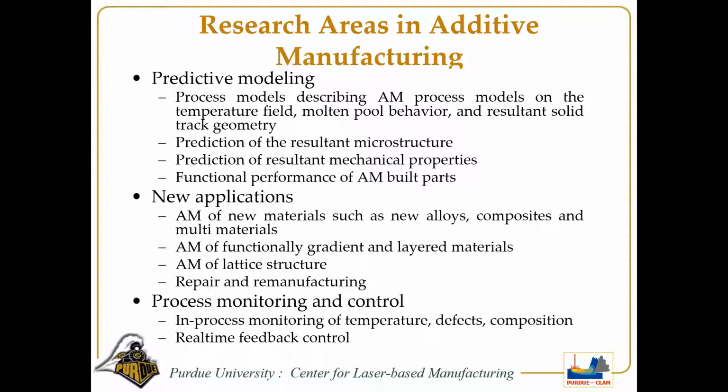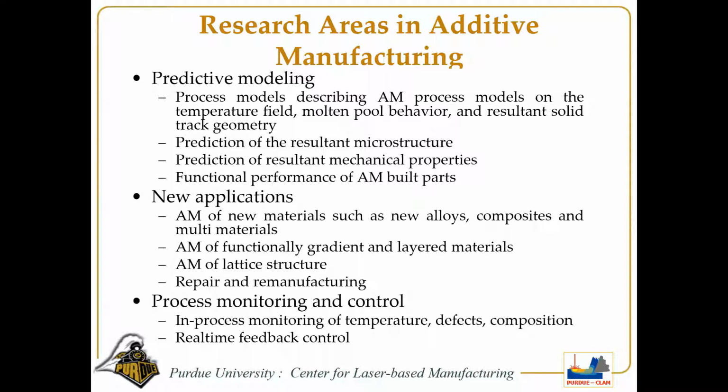If you have to figure out how to get the desired microstructure and mechanical properties, you can think of how many experiments you have to do. With 41 parameters, you have to do combinatorial experiments, and there will be thousands of experiments you have to do. It's too expensive to do that.